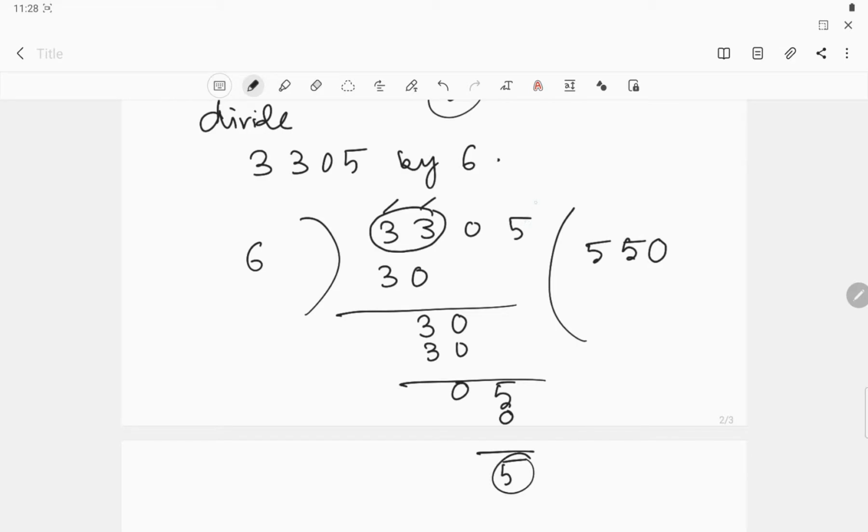After taking 5 from the dividend, if the number is not divisible by 6, then you have to write 0 in the quotient. You have to remember this, right? So here the quotient is 550 and 5 is the remainder.